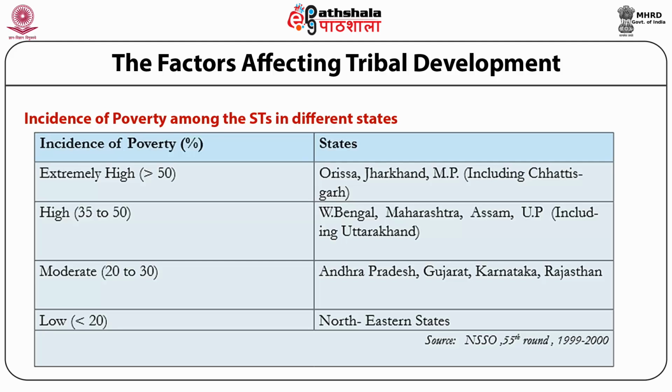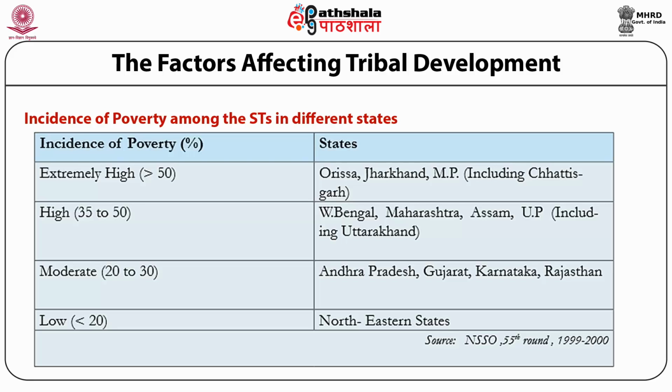On the left side the incidence of poverty, or percentage, is given, whereas on the right side are the states where the prevalence of poverty is more. In states like Orissa, Jharkhand, Madhya Pradesh, and including Chhattisgarh, the incidence of poverty is very high. It is extremely high, that is, more than 50% of people in these states are in poorer condition.